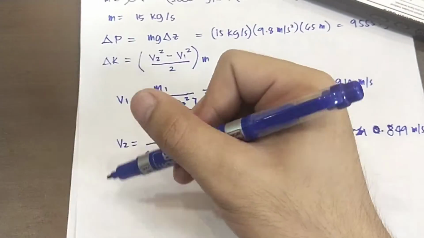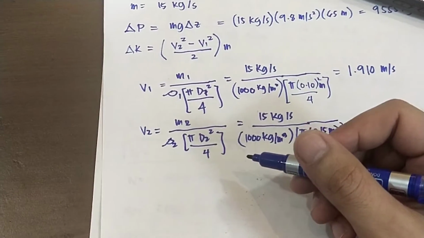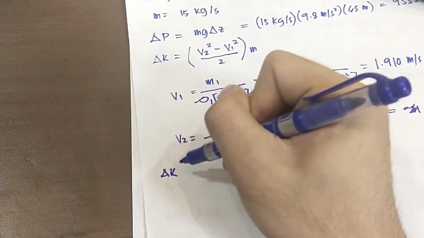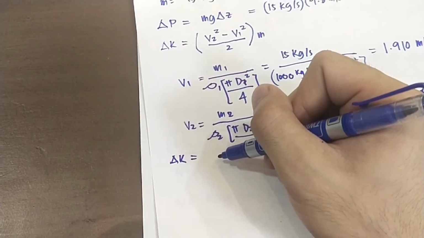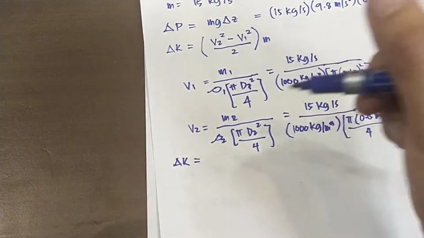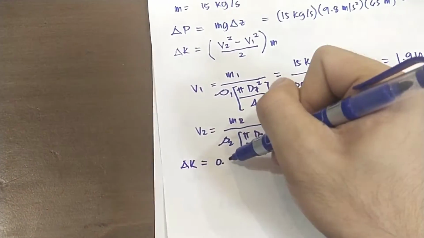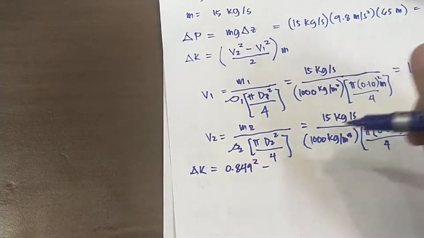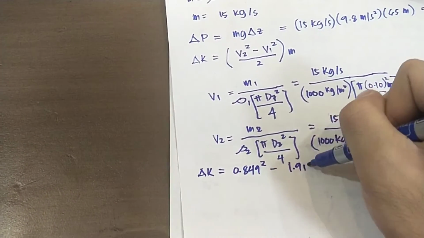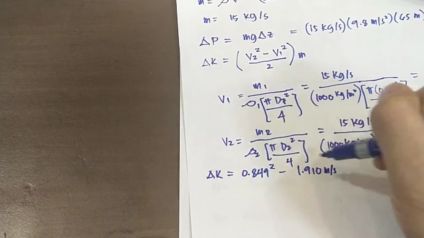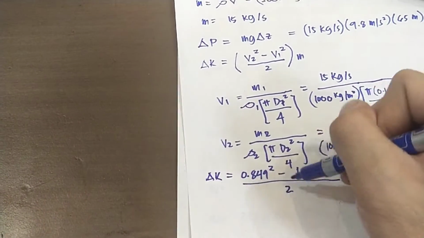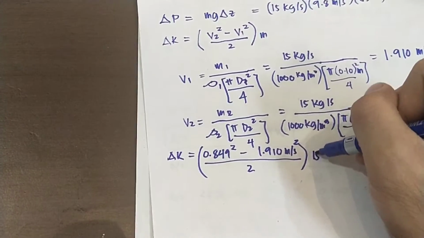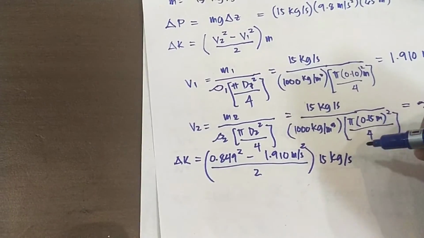And to find our change of K, substitute our V2, which is 0.849 squared, minus our V1, which is 1.910 meters per second, all over 2, times our mass, which is 15 kilograms per second.